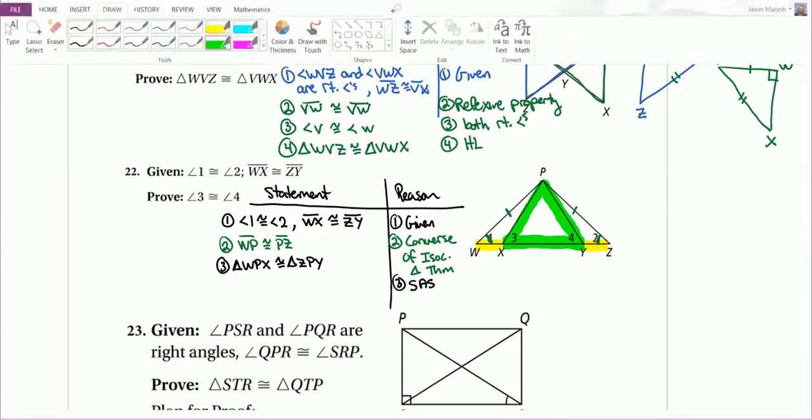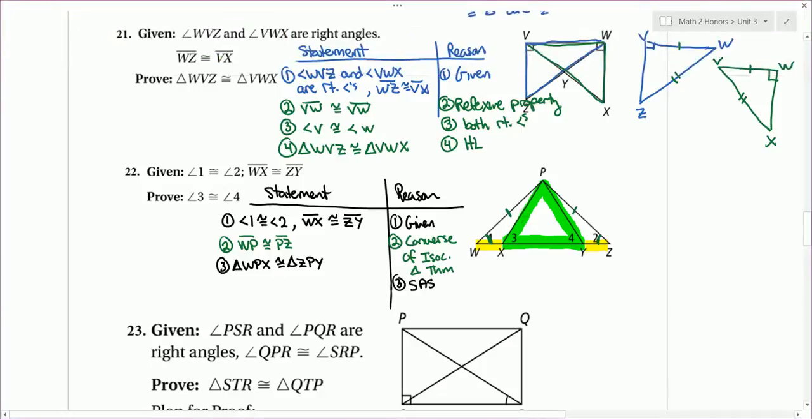So my next part here is going to state that XP is congruent to PY, because those are parts of the smaller triangles, right? XP is part of the smaller triangle on the left side, and PY is part of the smaller triangle on the right side, and those smaller triangles are congruent to each other, and so we have that those pieces are also congruent. And so let's state that.